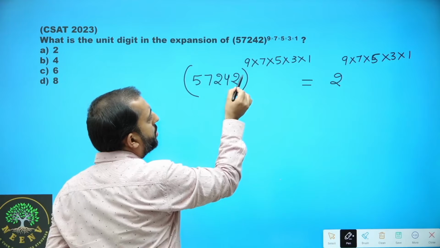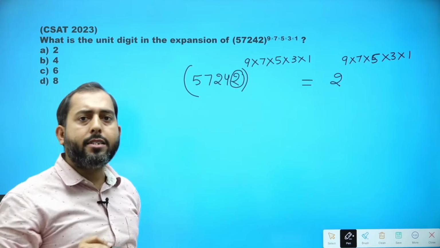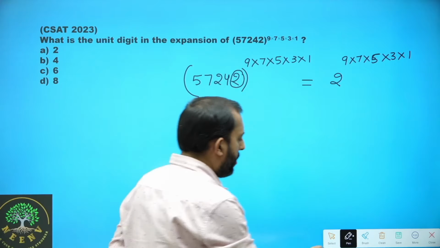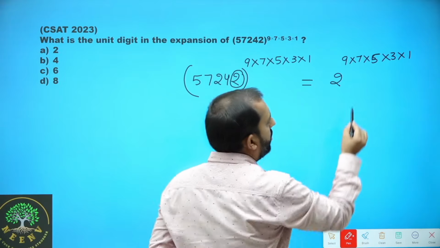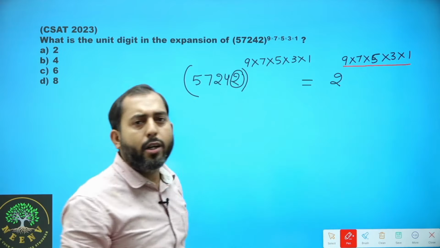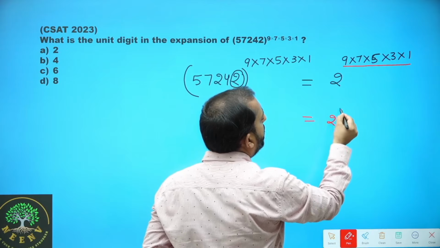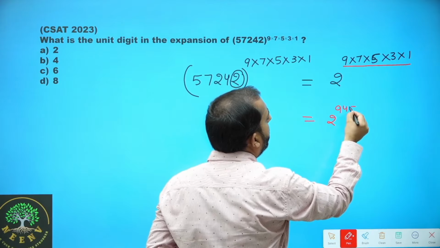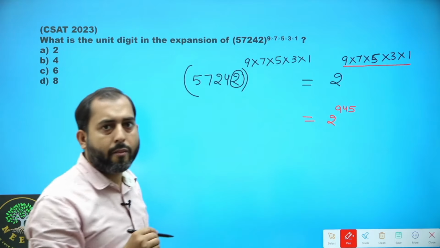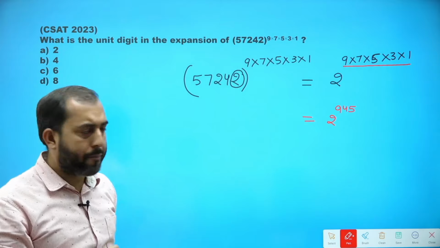Why? Because over here the base is ending with 2. Now, what is 9 into 7 into 5 into 3 into 1? If you multiply them, it comes out to be equal to 2 power 945. It comes out to be equal to 2 power 945.